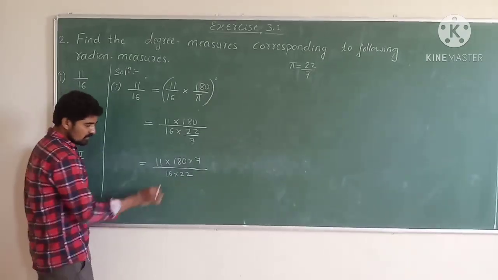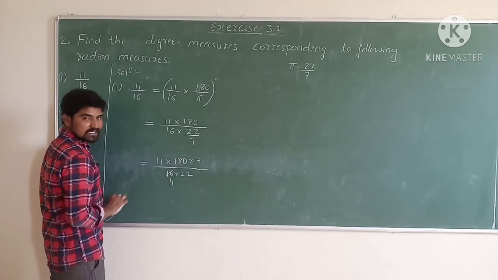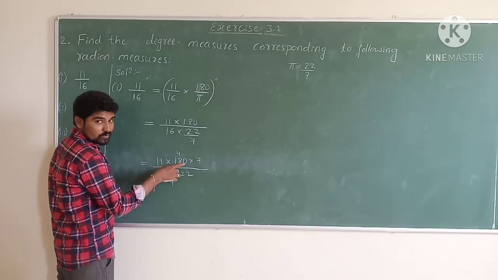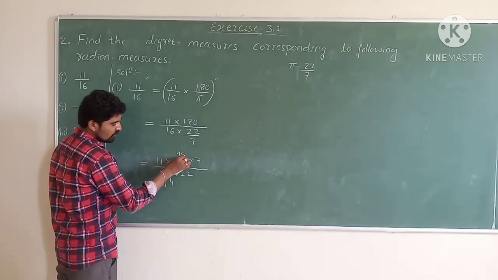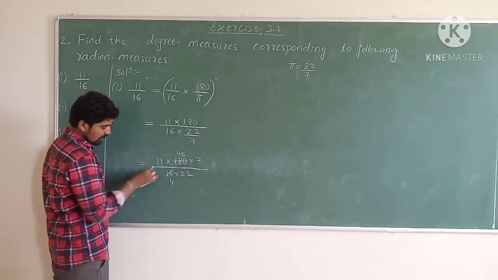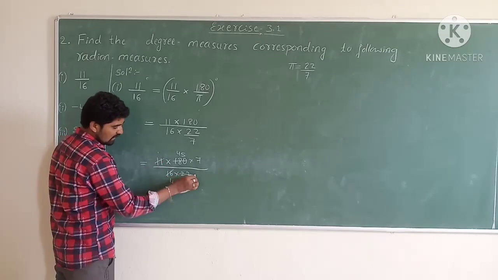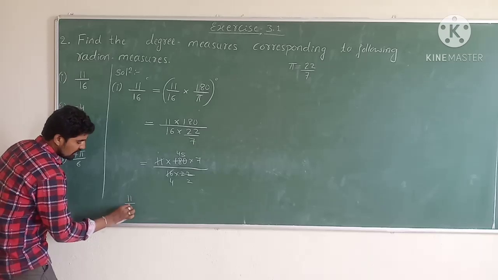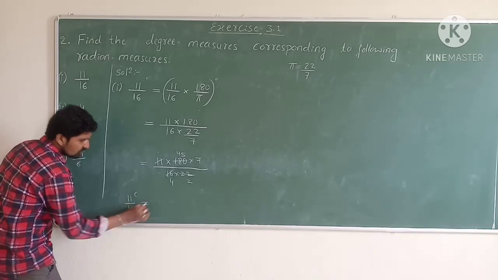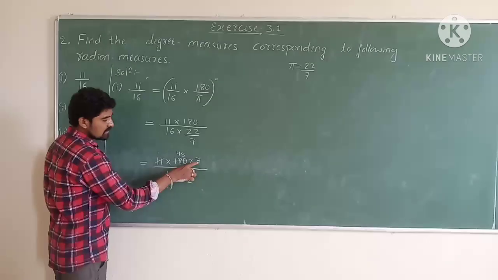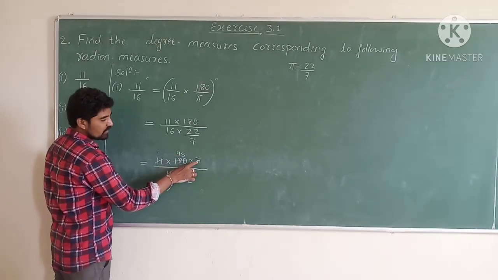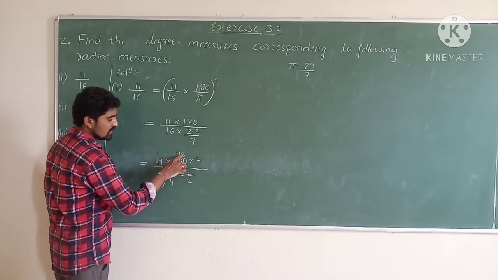Now, 4 4s are 16. Remaining to 20, so 4 5s are 20. 11 1s are 11, 11 2s are 22. Therefore, 11 by 16 radians is equal to 45 into 7 divided by 4 into 2. So 45 into 7, 7 5s are 35.